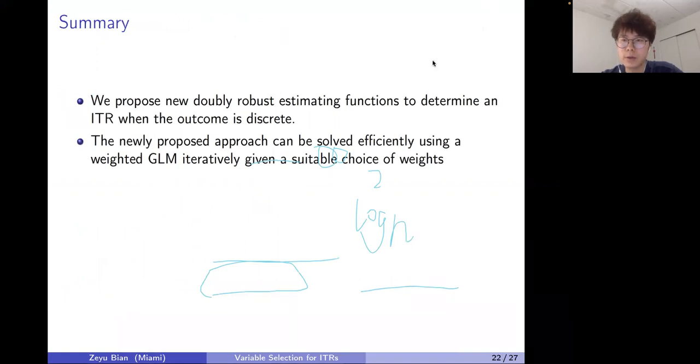Okay, a quick summary. In this work, we propose a new doubly robust estimating function to determine an ITR when the outcome is discrete. We show that this newly proposed approach can be solved efficiently using a weighted generalized linear model, iteratively.